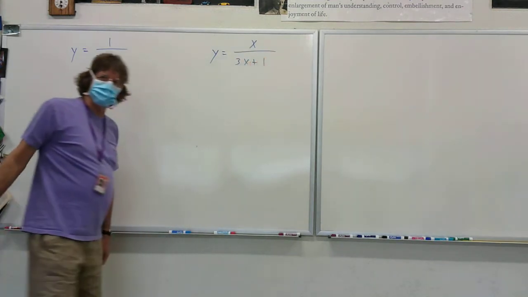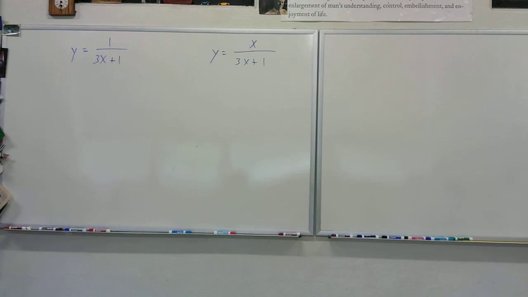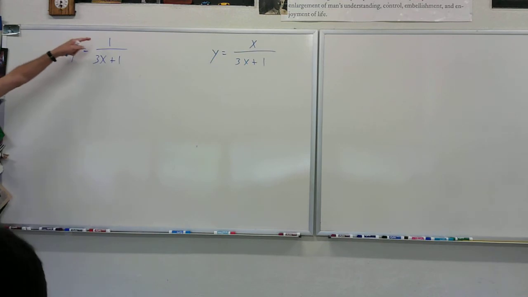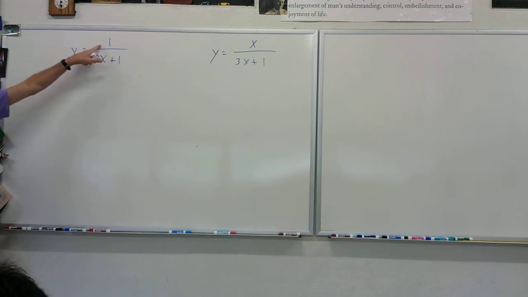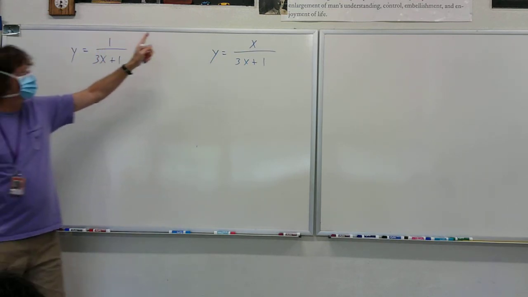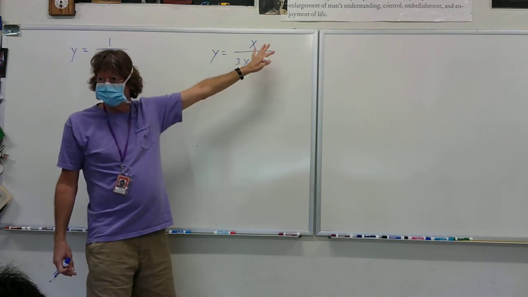So two separate problems, but they look very close to the same thing. It's just one only has a constant in the numerator, and one has a variable in the numerator. All right? I'm going to show you something that works really nice if you only have a constant in the numerator. Don't do this if you have a variable in the numerator.